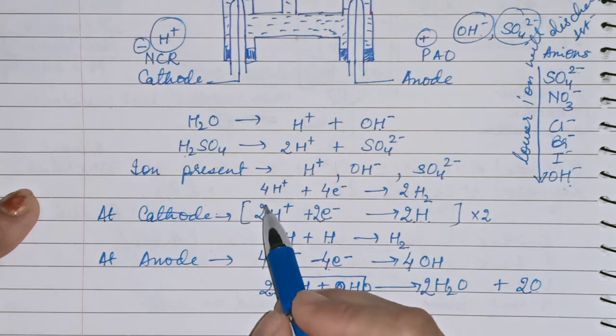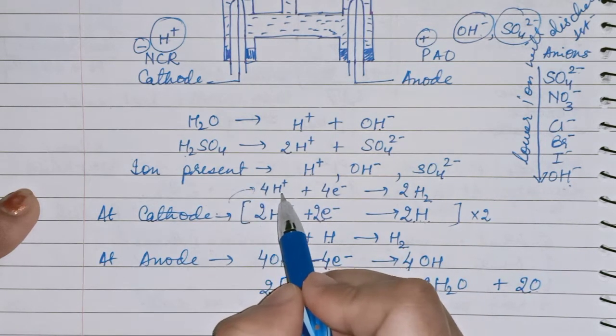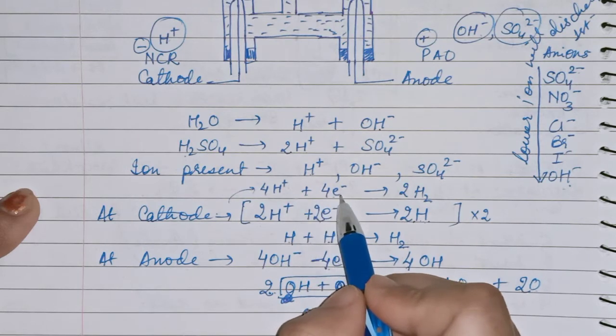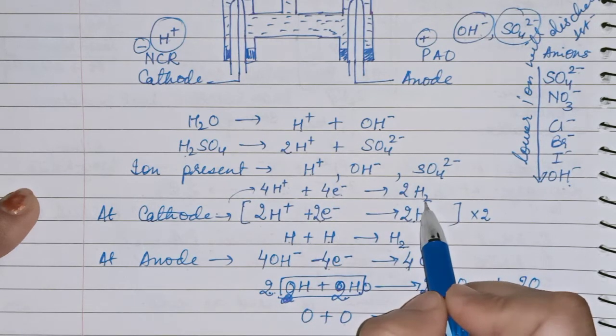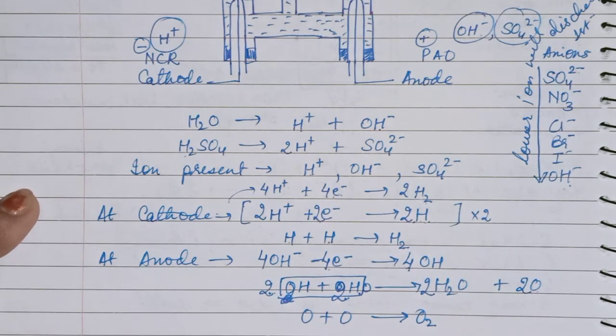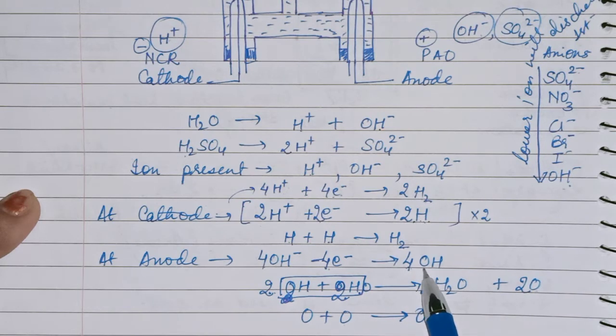So at cathode the reaction will be 4H plus 4 electrons gives 2H2, and at anode the reaction will be 4OH minus 4 electrons gives 4OH.